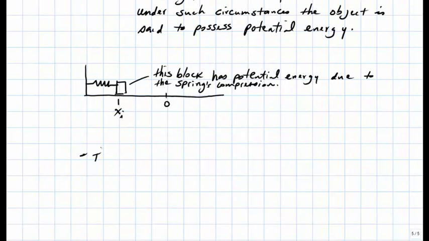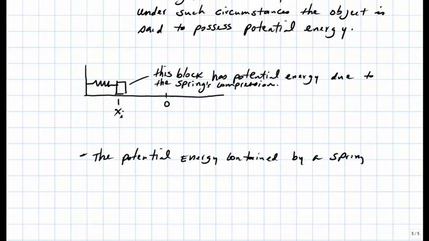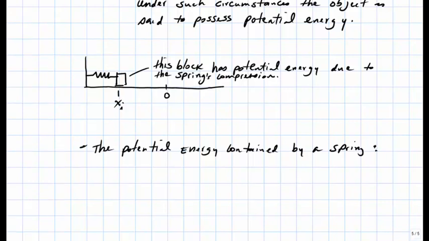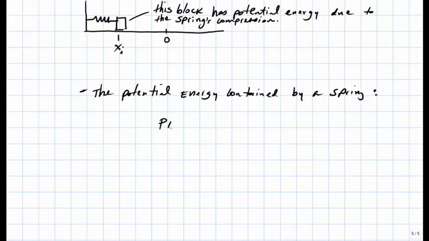Therefore, the potential energy contained within a spring is given by one-half k x initial or x final, and because it could be x initial or x final, we'll just term it generally as 1/2 k x squared.